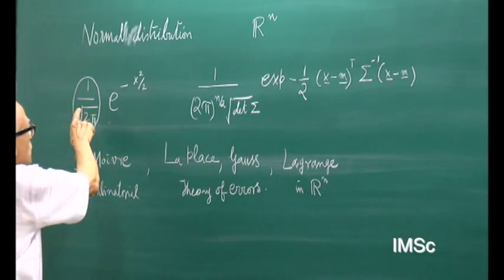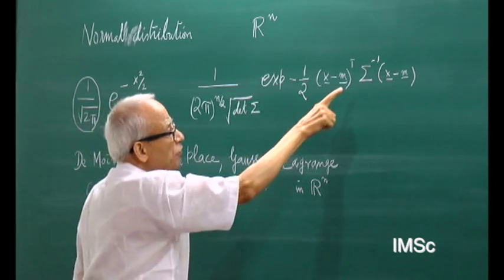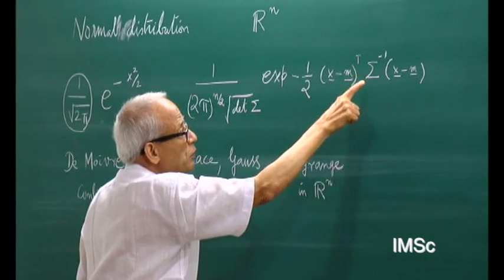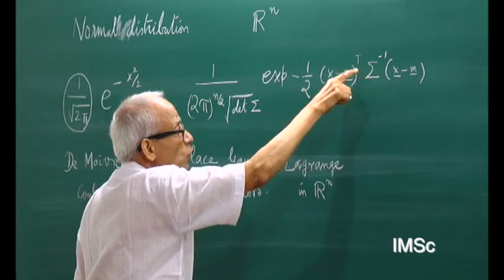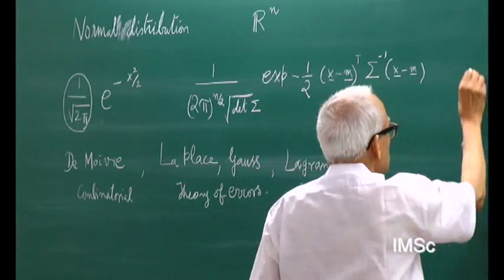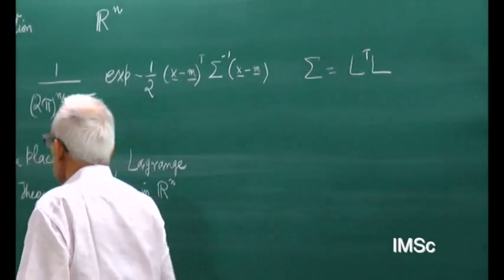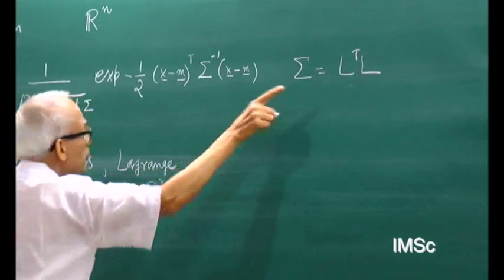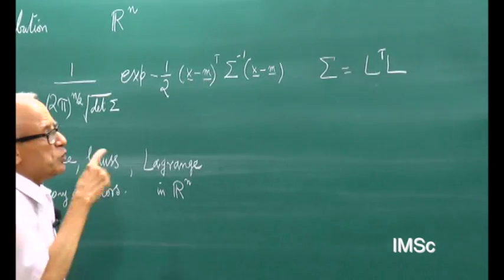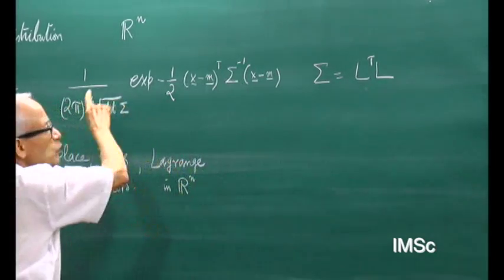If you take the product of n copies of the standard density and apply an affine linear transformation to the variables, translate by m and apply a square root of sigma, that is, if sigma equals L transpose L, then you apply L: first you translate and then apply L. So take n copies of that and make the transformation x goes to L applied to x plus m, then you will get this density.